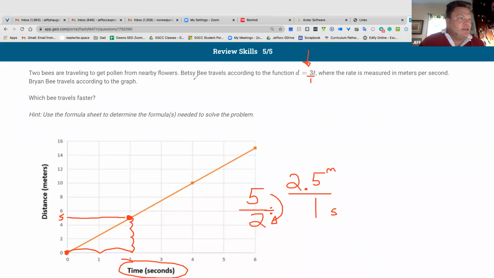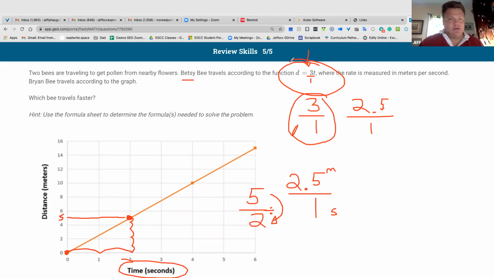So Betsy flies 3 meters per 1 second. Brian flies 2.5 meters per 1 second. Whichever is the bigger number is the faster bee. Betsy is faster. We didn't have to do any math to figure that out.